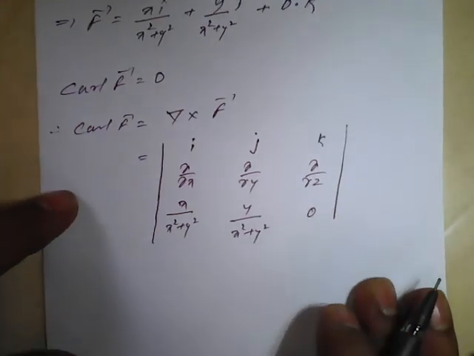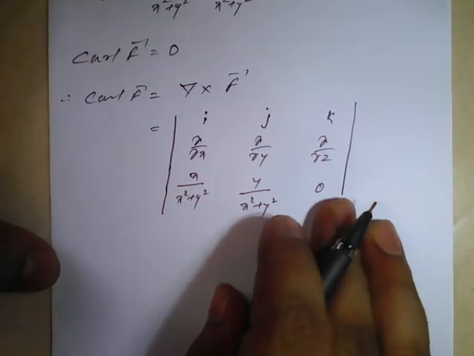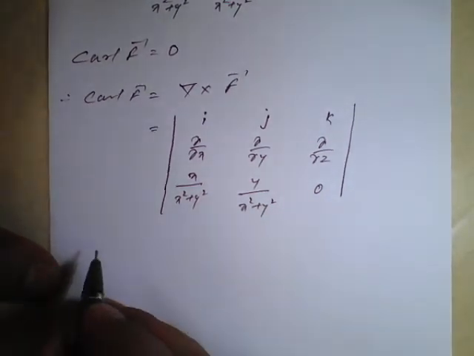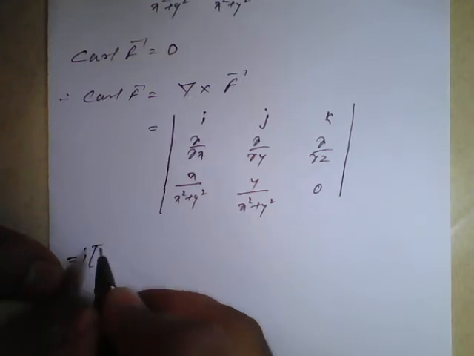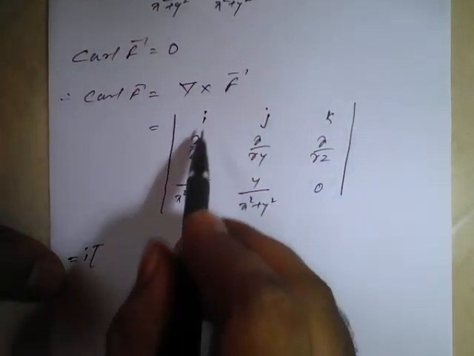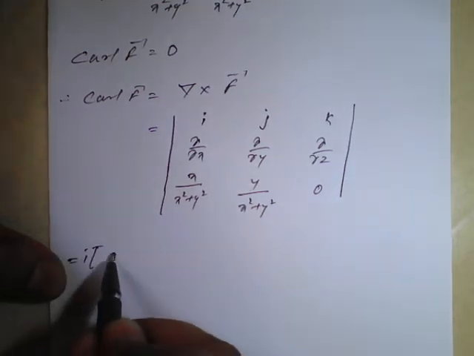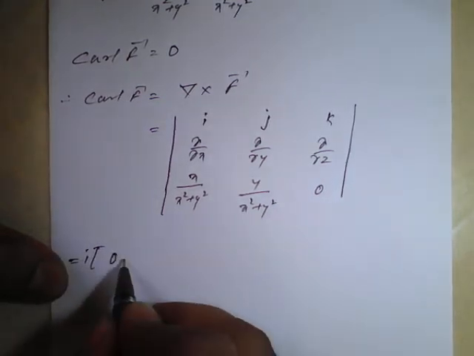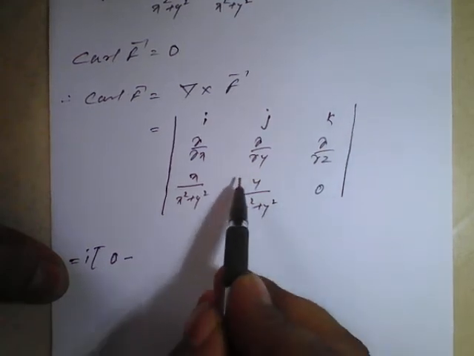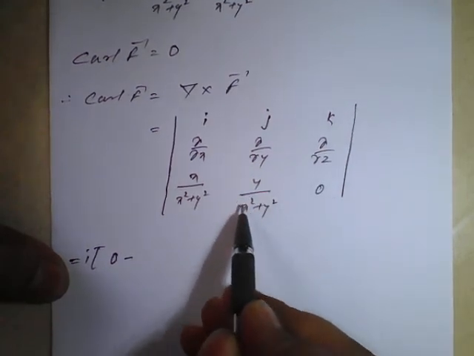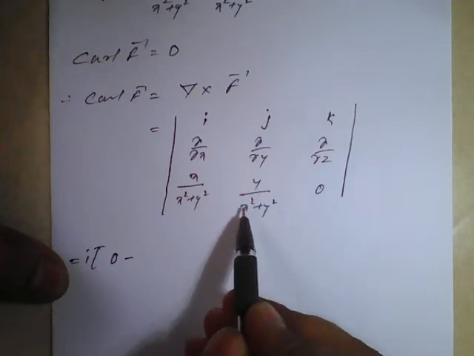Once we have this, we need to simplify the determinant now. It is i times first row first column, so dou by dou x of 0 is 0, minus dou by dou z of this function. Here we don't have any z, so only x and y are there.